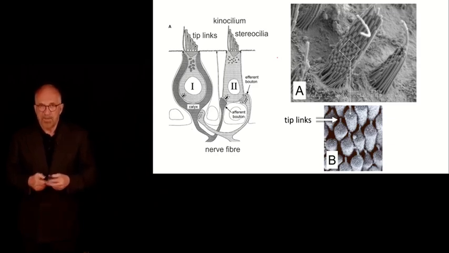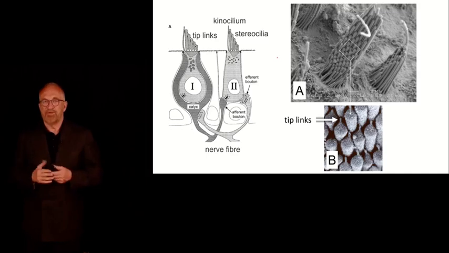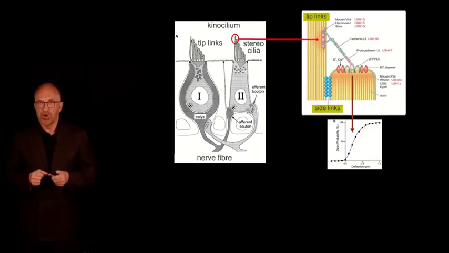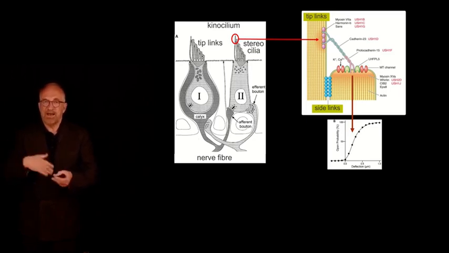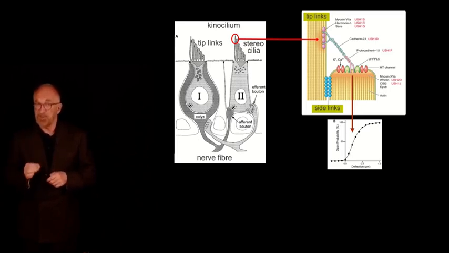Now, if that happens, if there is a movement, then we can see that on the tip of this kinocilium and stereocilia, there are connections, tip links, apart from the side links. So that makes sure that if there is a deflection, that the membrane opens and can close, letting ions in and out. And by that, we see a change in the receptor potential, as you can see in the lower graph on the right side.